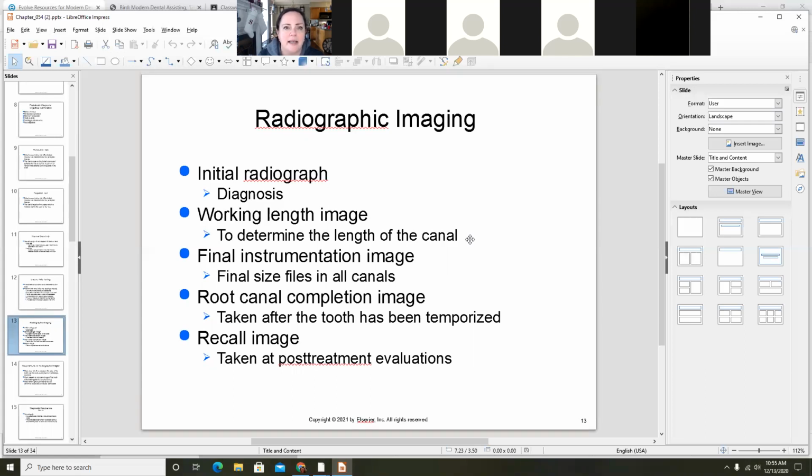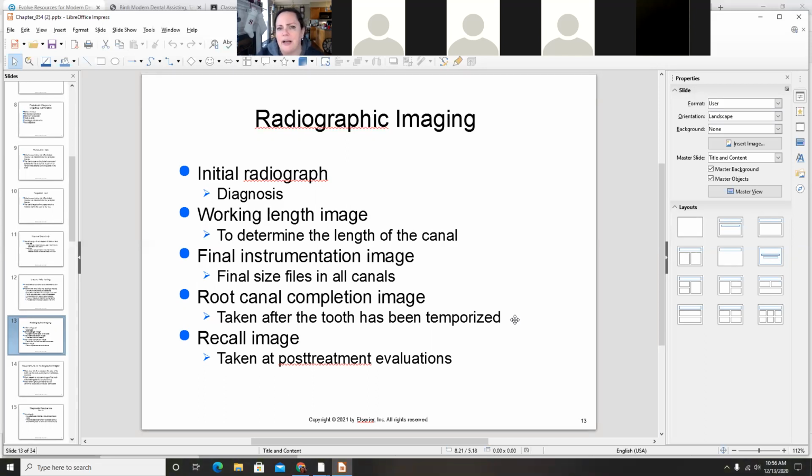So an apex indicator connects to a file and then tells you how far down you are in the canal. So you can get almost an exact location using one, all right? Final instrumentation image is for the final size files in all the canals. Root canal completion image is taken after the tooth has been temporized, so after the gutta percha is put in.